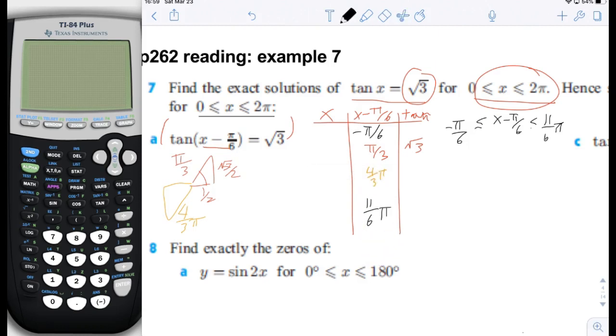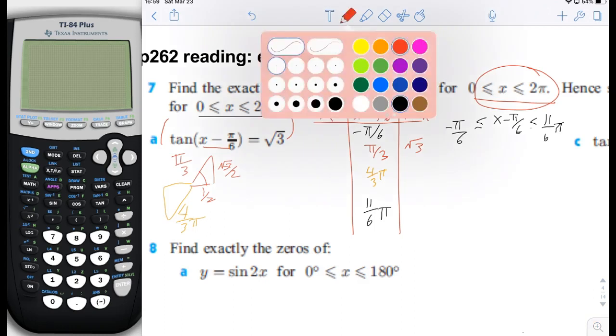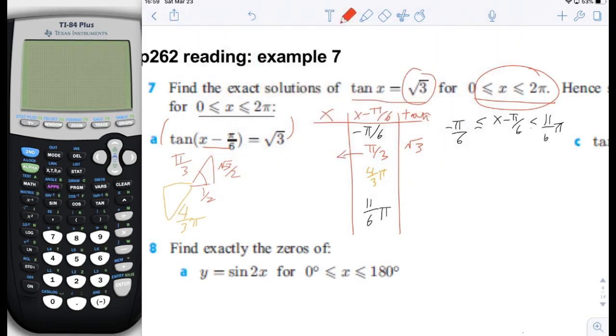And now what we do is we're going to take our solutions and, in order to go right to left, we're going to do the opposite of what we did to go left to right. Left to right, we subtracted pi over 6, right? To go right to left, we're going to add pi over 6. So if we add pi over 6 to pi over 3, that's 2/6 pi plus 1/6 pi is 3/6 pi.